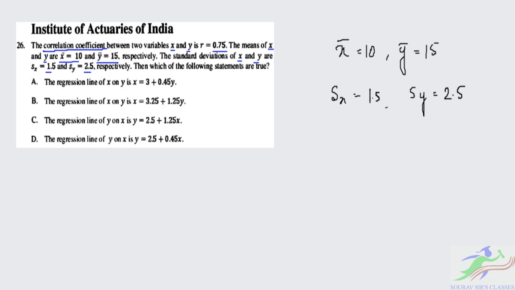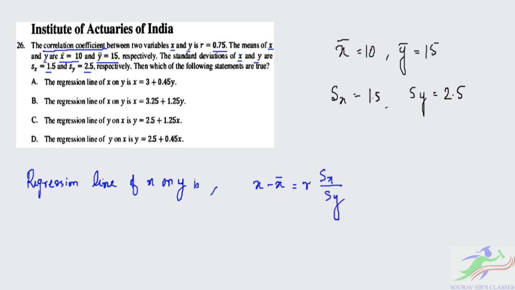Okay, so first thing is the regression line of x on y. It will be x minus x bar equals r times sx by sy times y minus y bar.